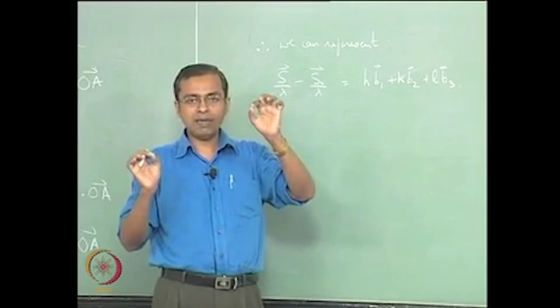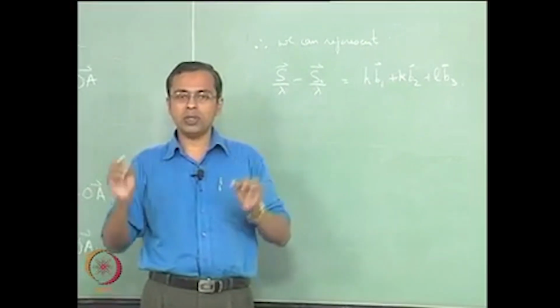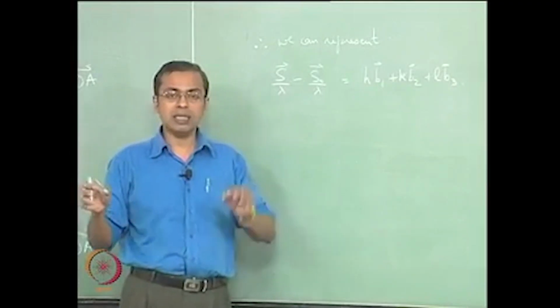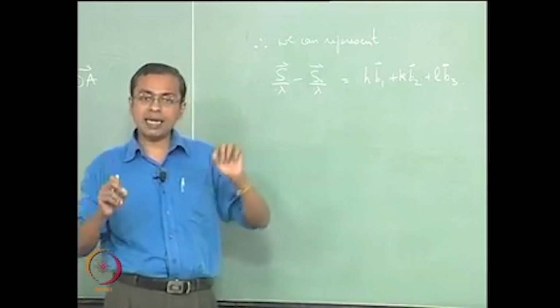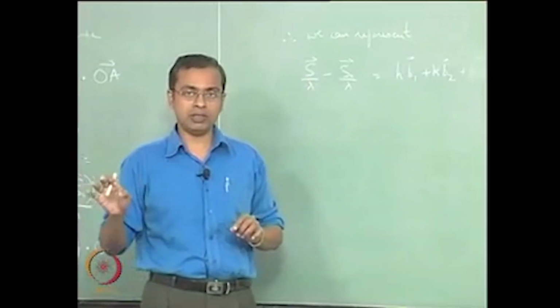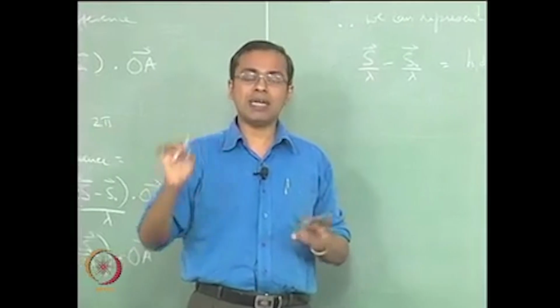Using that we were able to decide on the distance OA as PA1 plus QA2 plus RA3, where P, Q and R were integers, because that moved us from a lattice point O to another valid lattice point A. So those were two valid lattice points, therefore OA was a valid real lattice vector.